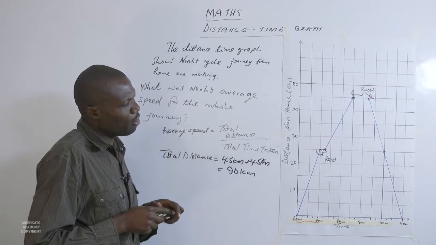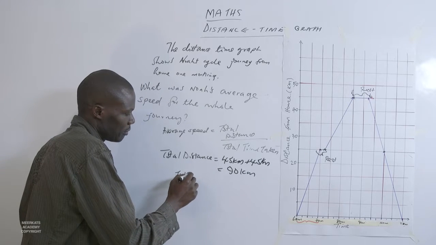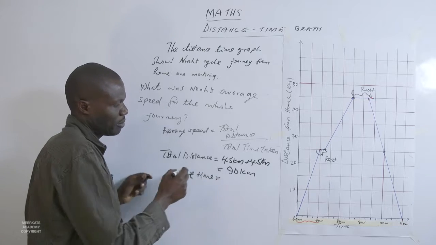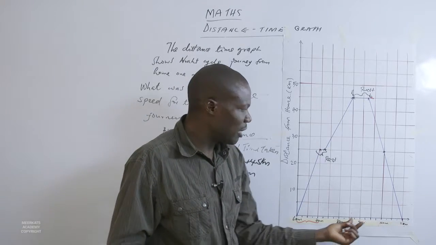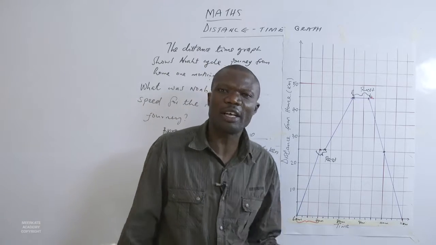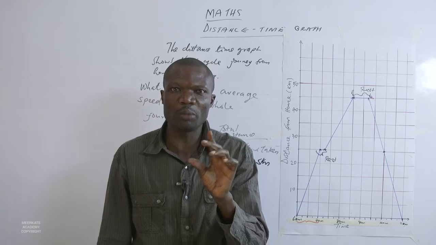Now, when we talk about total time taken, I don't need to make this mistake. It is a matter of when he started the journey and when he finished the journey. It is not about how many times he rested or how many times he had a breakdown.